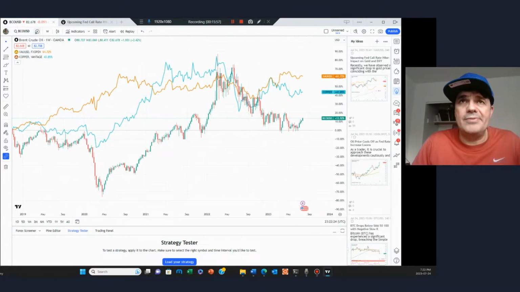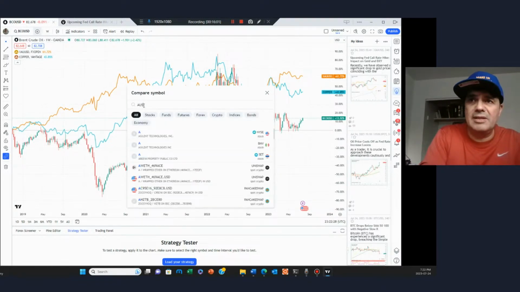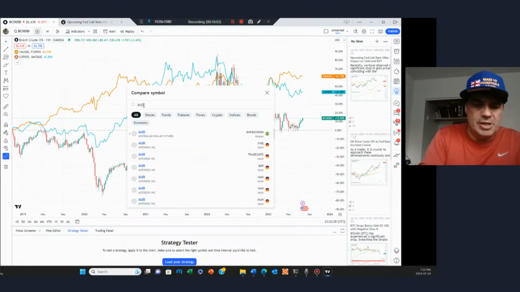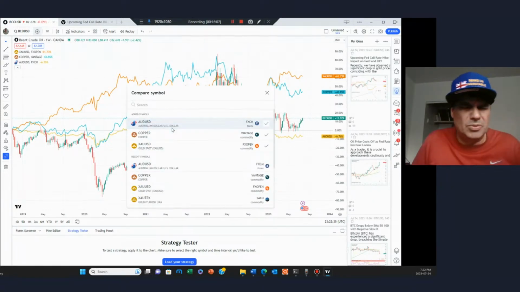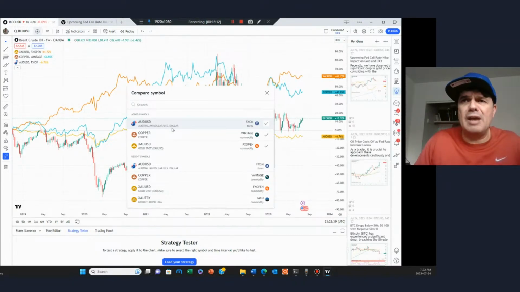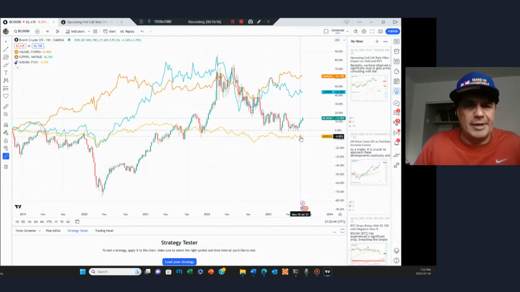The other thing that I also know that I do see, just so you know, is the relationship with the Australian dollar as well, because Australia is one of the largest producers and exporters of copper. This can have an effect as well on the price of copper.